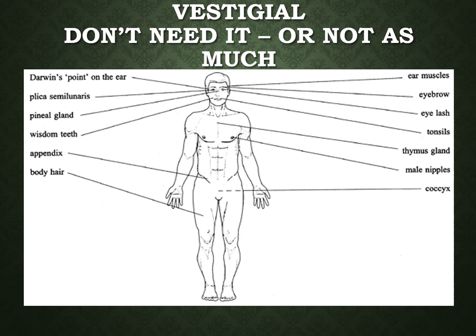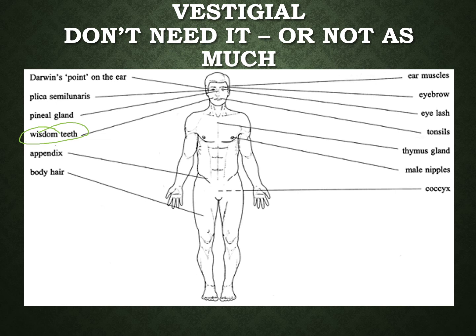Here we have some human vestigial structures. Wisdom teeth, for example, I think were left over from when our ancestors had a slightly different diet than we have now.